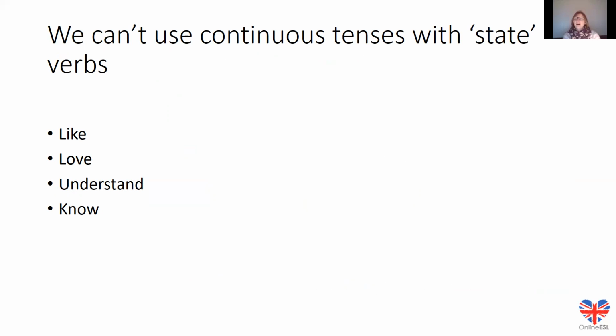No, I have loved you for years. I have been understanding my homework. No, I have understood my homework. So we can't use state verbs with a continuous tense. But other than that, that's the difference between the present perfect simple and the present perfect continuous.